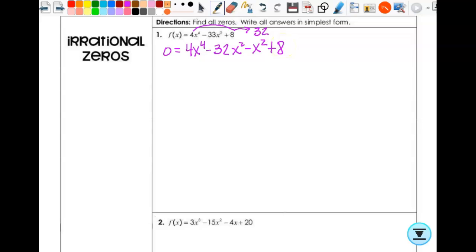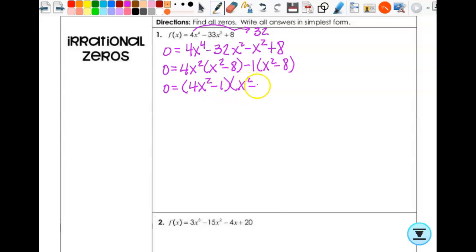Right? So then I can factor by grouping. This gives me 4x squared times x squared minus 8 minus 1 times x squared minus 8, which then gives me 4x squared minus 1 times x squared minus 8.